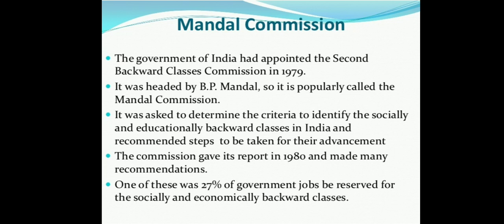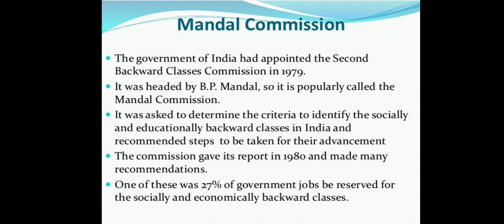The commission gave its report in 1980 and made many recommendations. That means they suggested many changes needed in the constitution for the upliftment of the backward classes. One of these was that 27% of government jobs be reserved for the socially and economically backward classes.